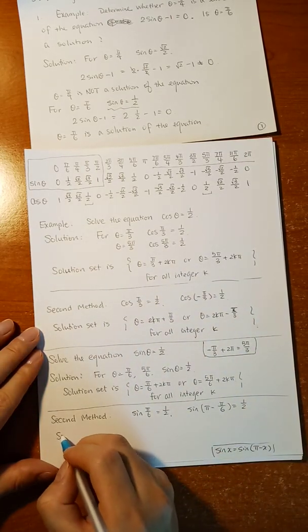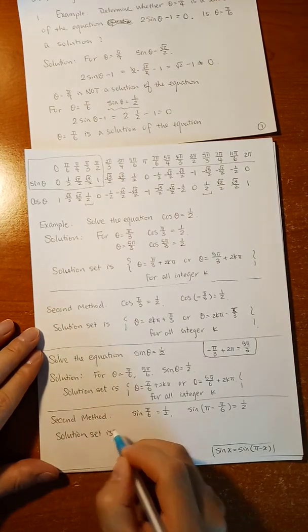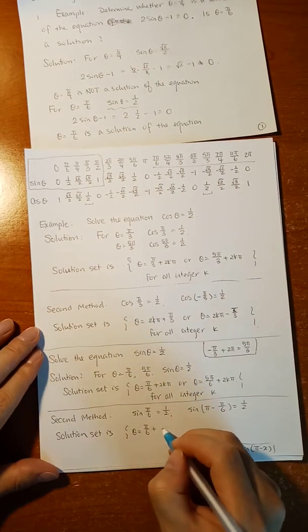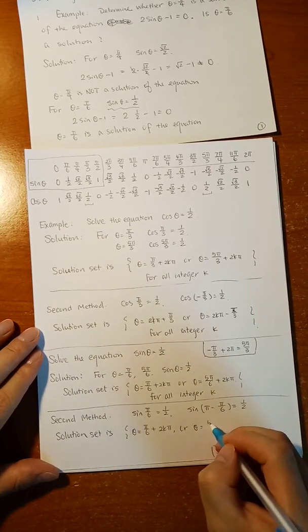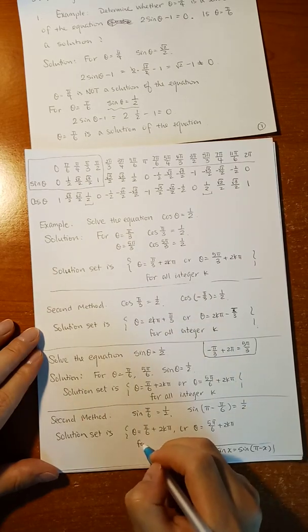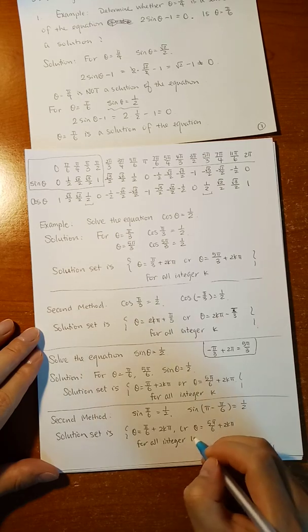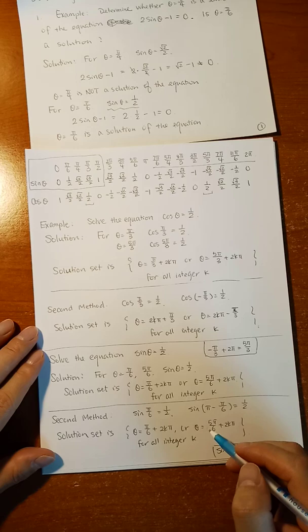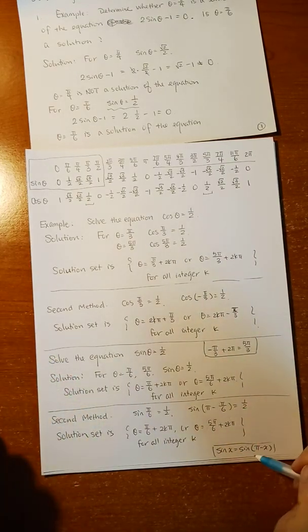So the solution set is theta equal to pi over 6 plus 2k pi, or theta equal to 5 pi over 6 plus 2k pi for all integer k. So you get the same quantity, but the second angle you do not get from memory. You get it from the property.